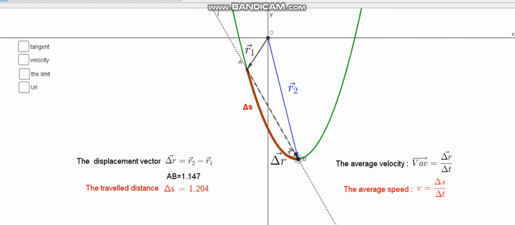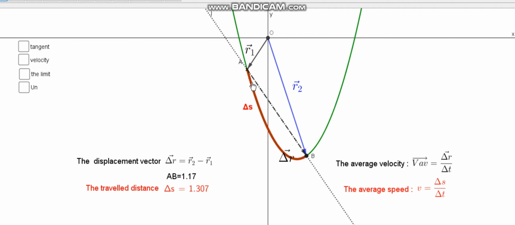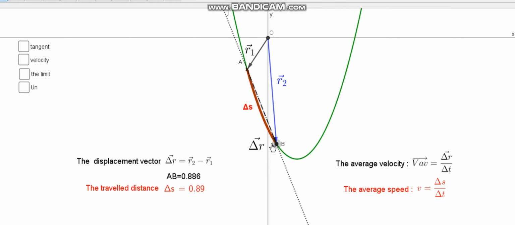If B is very close to A, when delta t tends to 0, the chord AB will merge with the AB arc.